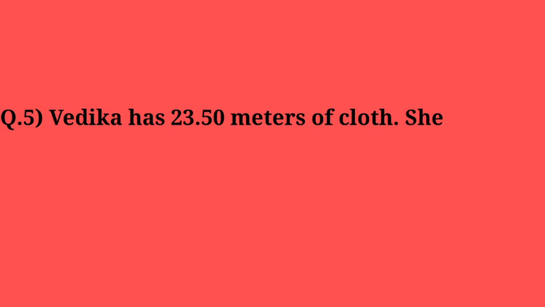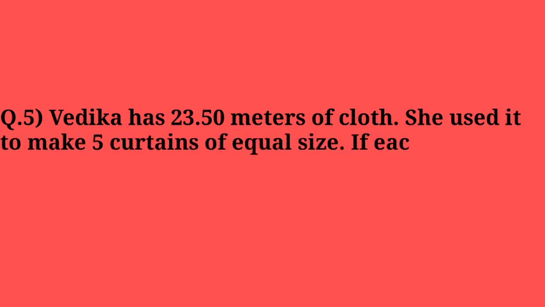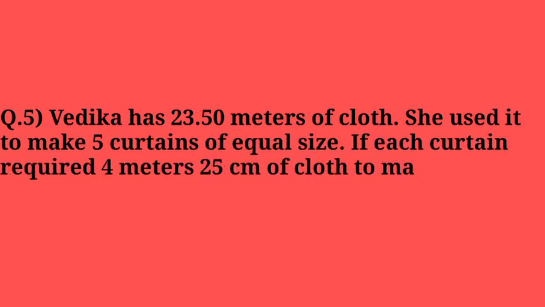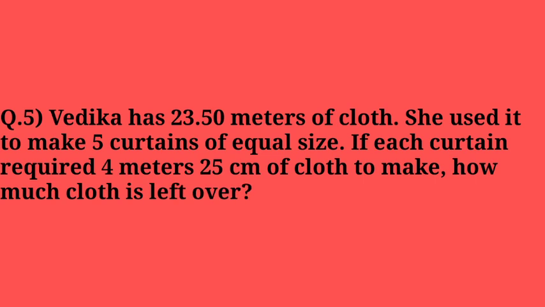Question number 5. Vedika has 23.50 meters of cloth. She used it to make 5 curtains of equal size. If each curtain required 4 meters 25 centimeters to make, how much cloth is left over? Means already she is having 23.50 meter of cloth.